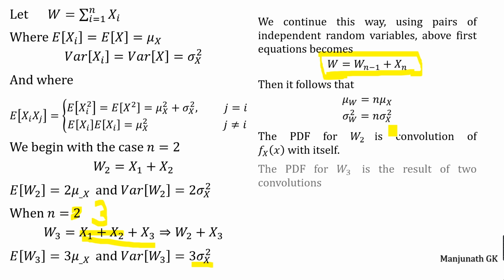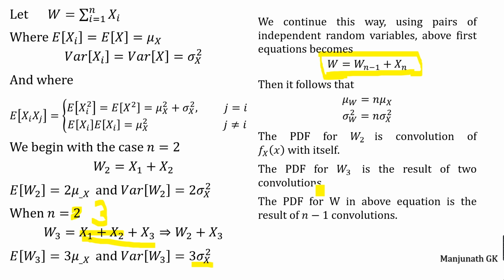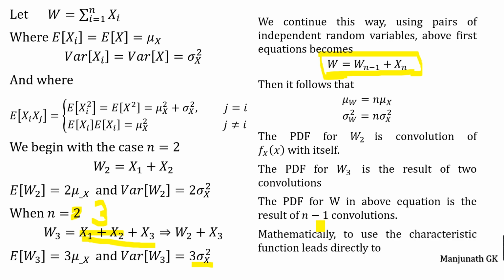So the PDF for W2 is the convolution of fx of x with itself, and the PDF for W3 is the result of two convolutions. And the PDF for W in the above equation is the result of n minus 1 convolutions. The characteristic function leads to this case here.